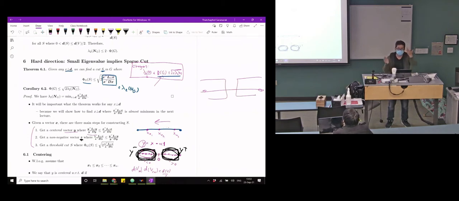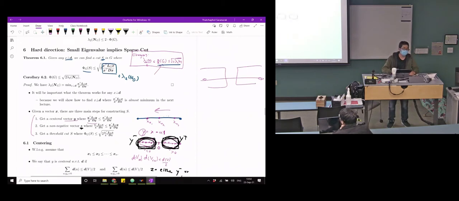It doesn't matter, it's the same thing because you flip it. There exists a sweep cut such that the conductance of that sweep cut, one of them, will be as small as this. And to do that, we just move it to be centered and choose one of the good sides, and then try to prove something.